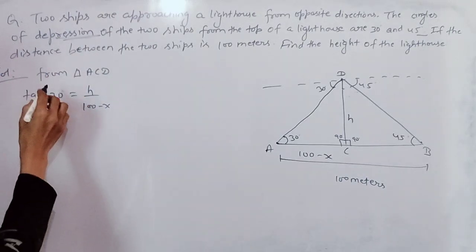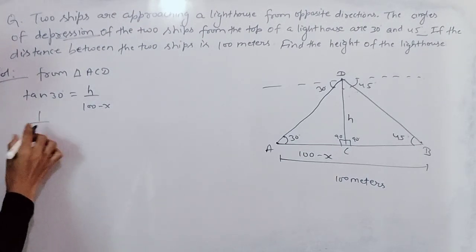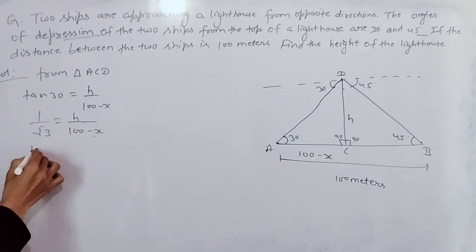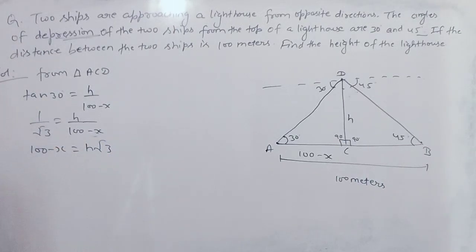Tan 30 should be 1 by root 3. Yes, it is 1 by root 3. So 100 minus x equals h root 3.